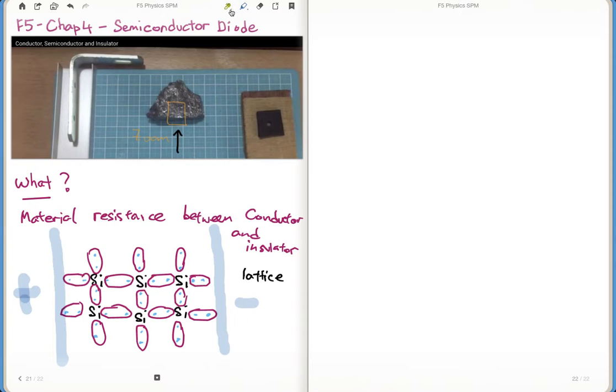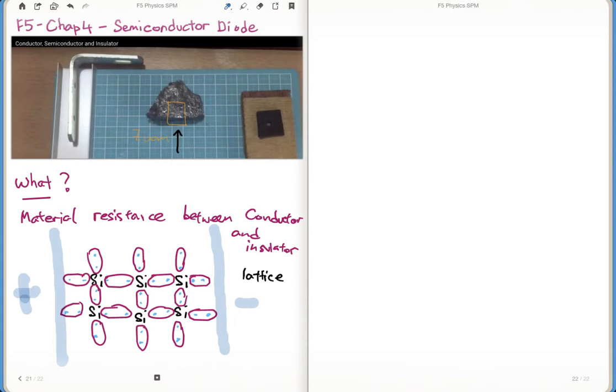Electrons cannot pass through it. They are reluctant to pass through it. I use the DMM to test one end, another end. It doesn't have the continuity sound, meaning it's not connected. As compared to metallic, if I connect one positive, one negative, you hear the beep sound.